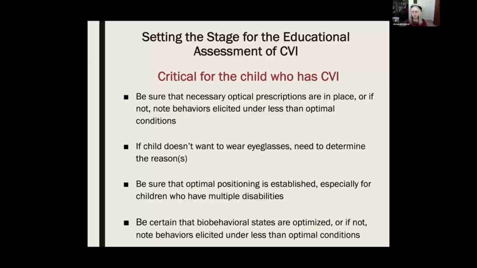It's important to be sure that optimal positioning is established, especially for children who have multiple disabilities. And we need to be certain that biobehavioral states are optimized, or if not, note behaviors elicited under less than optimal conditions.